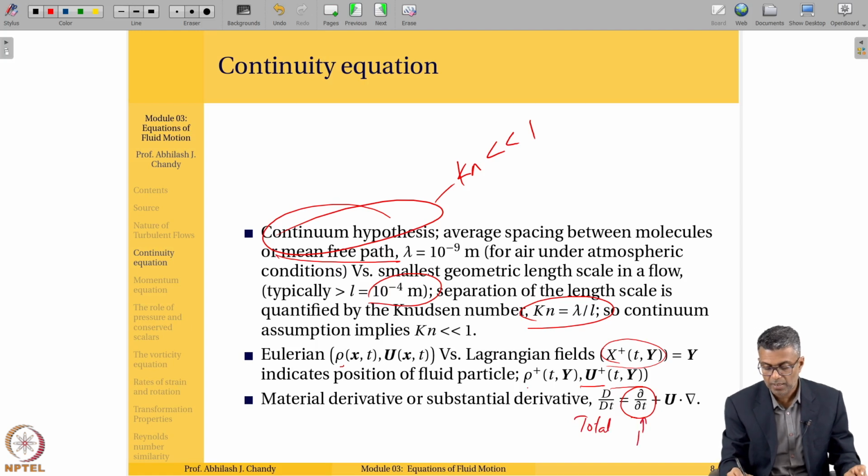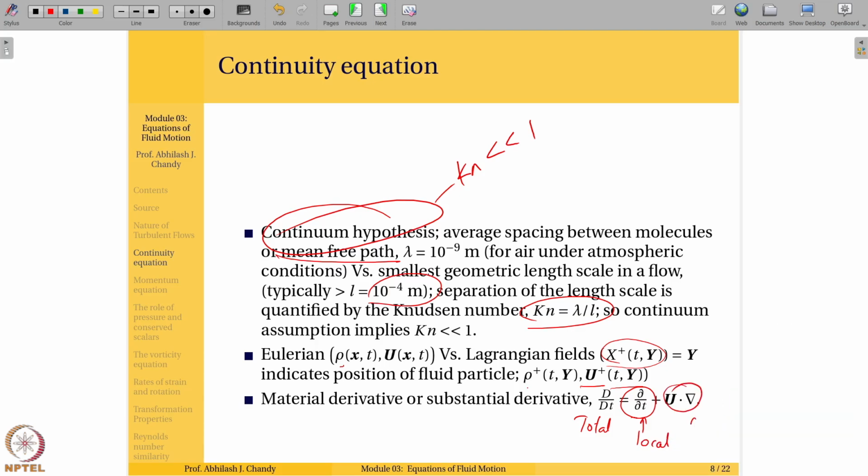This term right here is a local term, an unsteady term. This is like a transport term, also called the convective derivative. So local derivative, convective derivative. So the total derivative is the local derivative plus the convective derivative. So those two things.